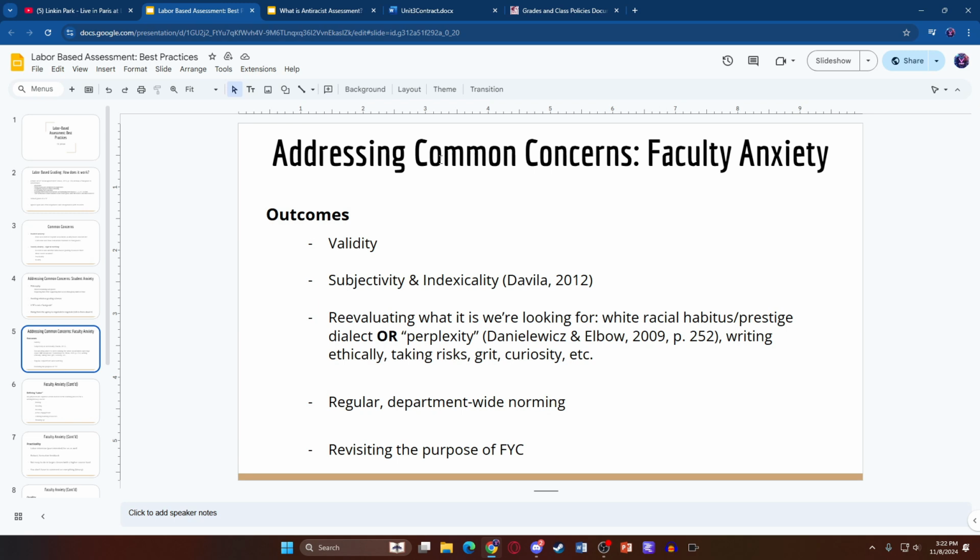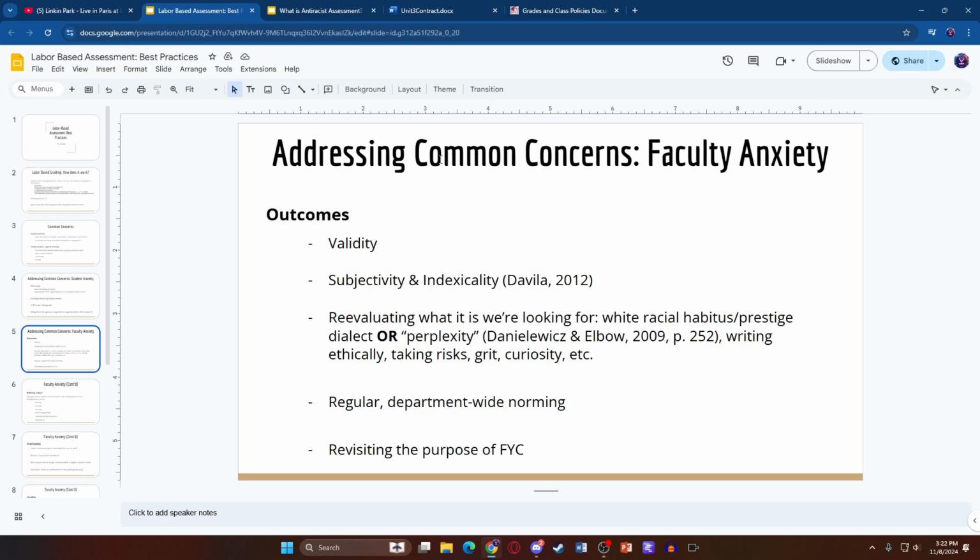That's unconscionable. So some of the things that we really need to do is reevaluate what it is that we're looking for as folks who are assessing student writing. Are we looking for our students to be able to parrot a white racial habitus or a prestige dialect, like Dr. Inoue would call it, or are we looking for perplexity, as Danielowitz and Elbow would call it, right?